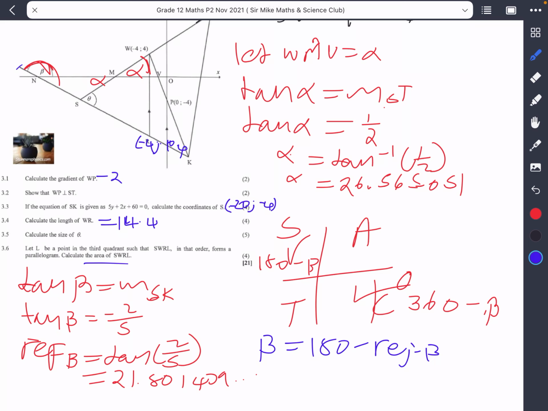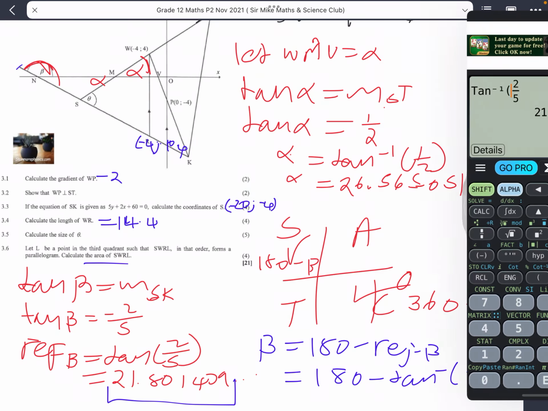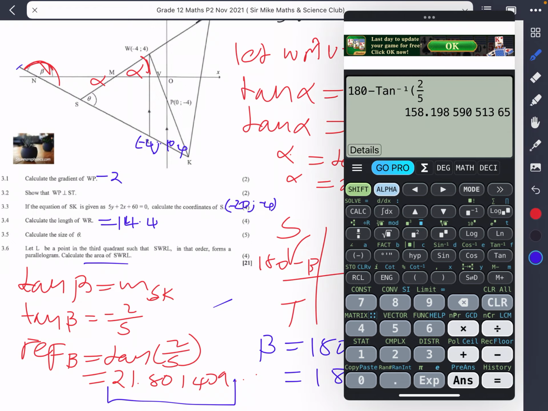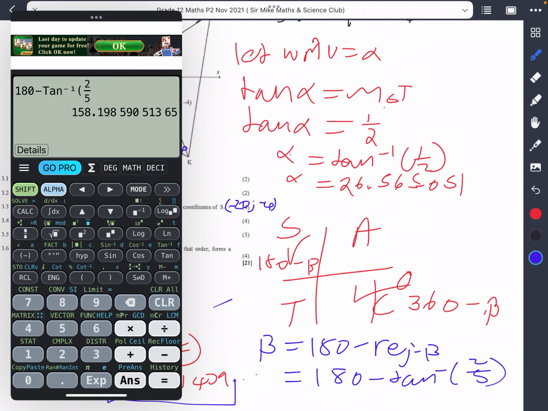I'm just going to avoid writing all of that, so I'll say 180 minus arctan of 2 over 5, which is 180 minus the reference angle there.